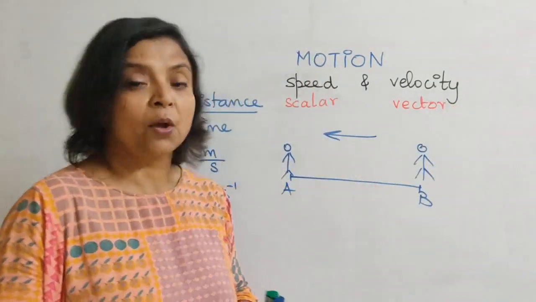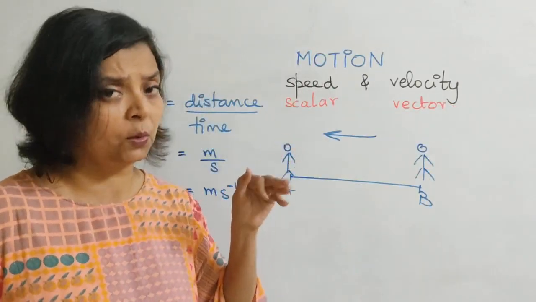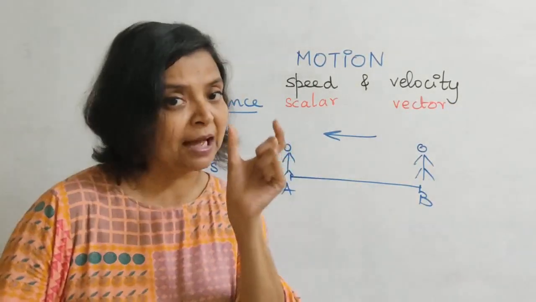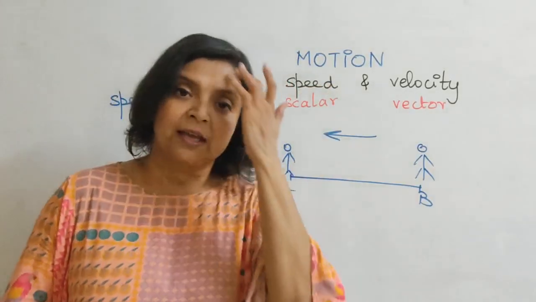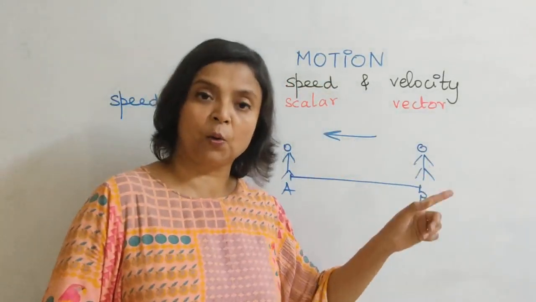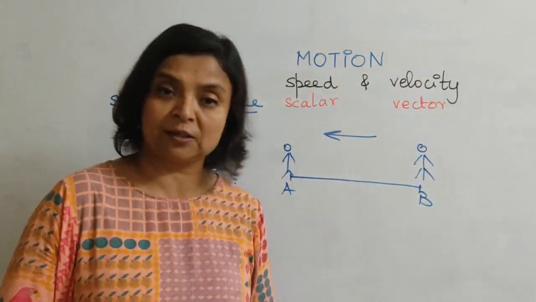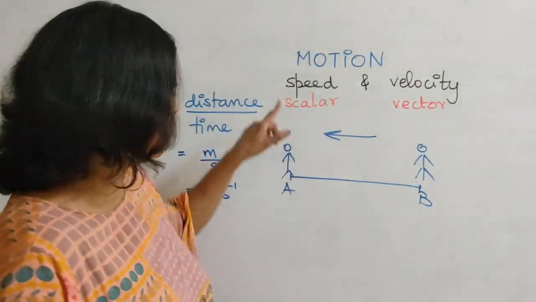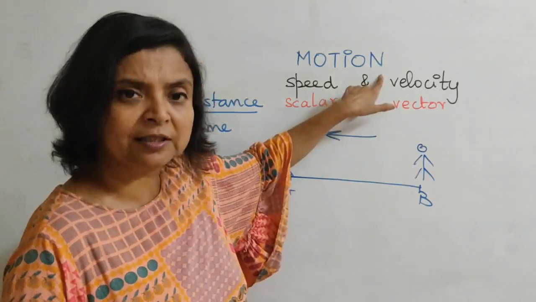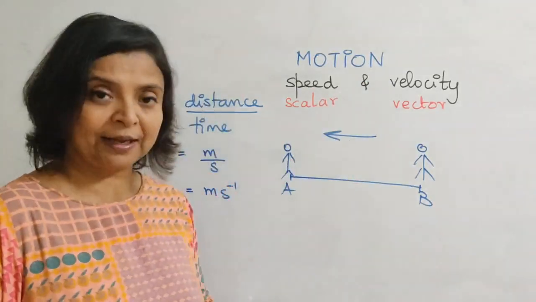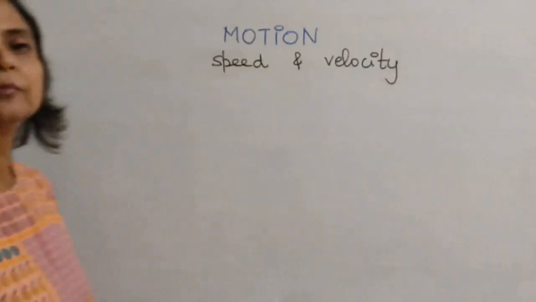So when we just care for how fast or how slow the body is moving, only the magnitude, it will be speed and it is going to be scalar. But if the direction is going to play a role, then it is a vector, and we will call it velocity. It's easy to remember. S for scalar, S for speed, V for vector, V for velocity, but only in this case.